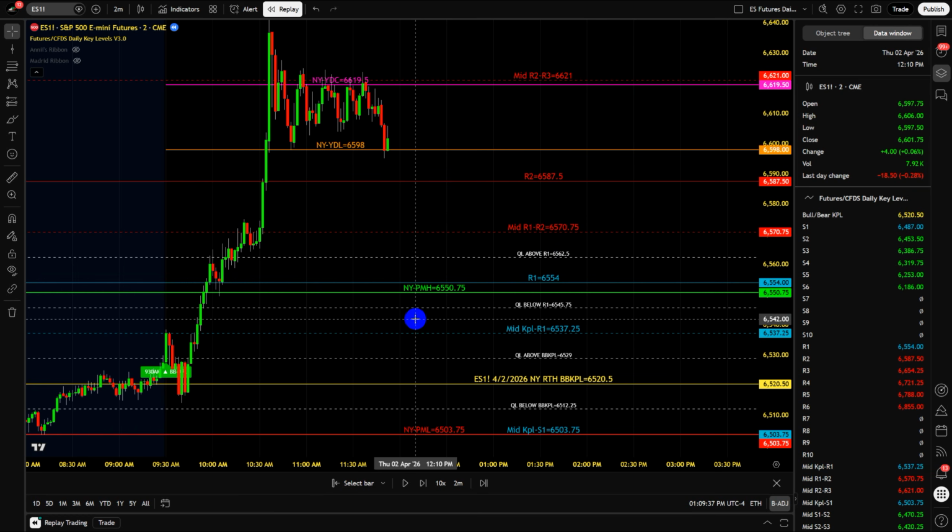The other option comes into play, and that is scaling out, closing out the majority of your position and then managing remaining runners. So this is only going to apply if you are trading, say, 3 or more contracts. So that would be either 3 regular E-minis or 3 or more micros in the case of ES futures as an example.